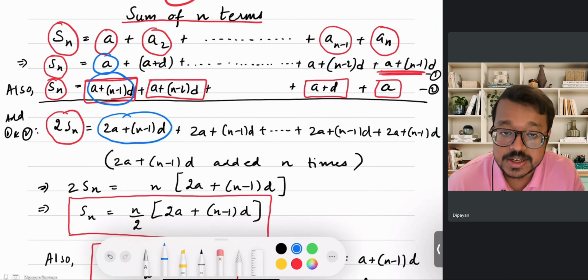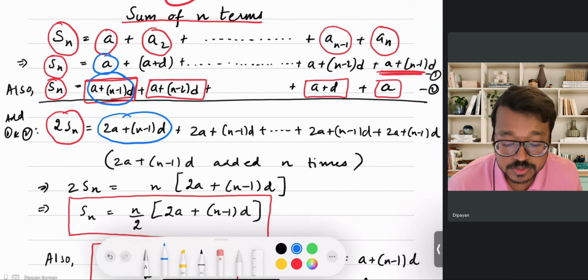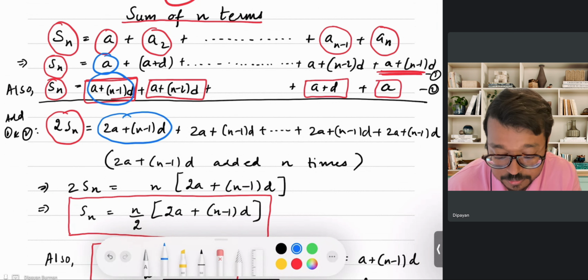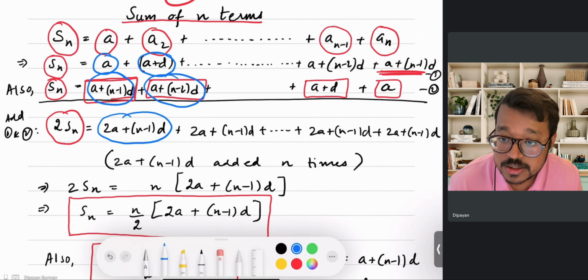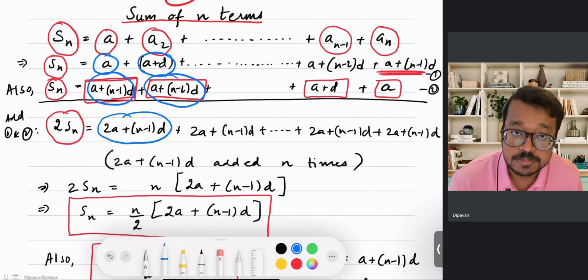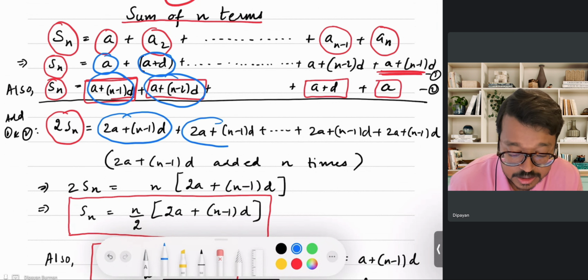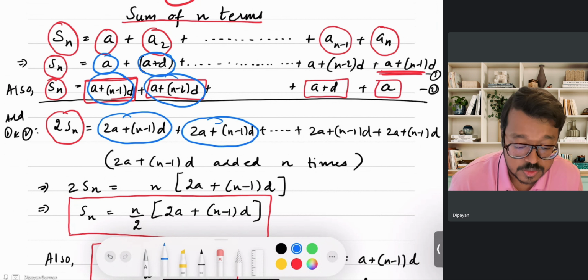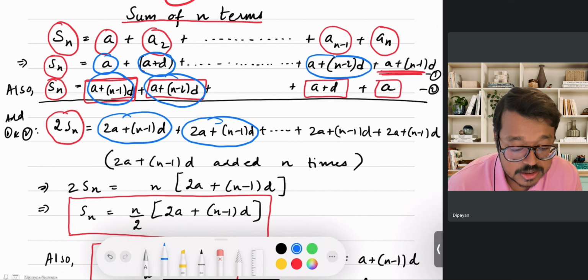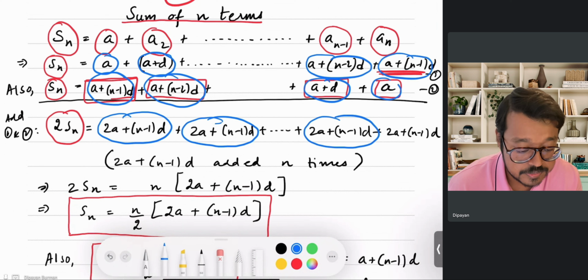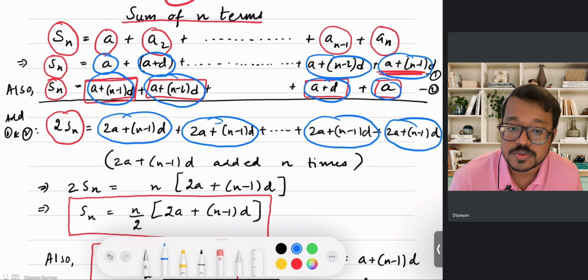And the same way, if I look at adding up all the terms, the second terms were a plus d plus a plus n minus 2 into d. If you simplify that, it will again be 2a plus n minus 1 into d. So adding up all these terms will give me 2a plus n minus 1 into d.